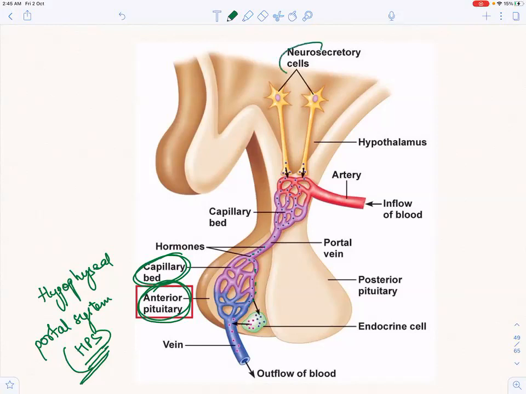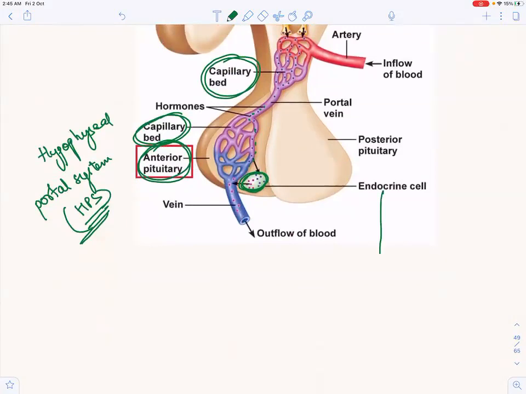So these are the neurosecretory cells. Now you can just see this is the capillary bed forming the portal system. These are the special cells that we were talking about. What were the 5 special cells that we talked about? Can you name them?